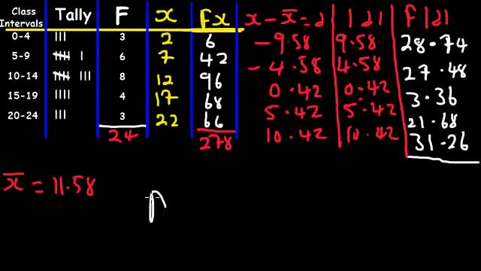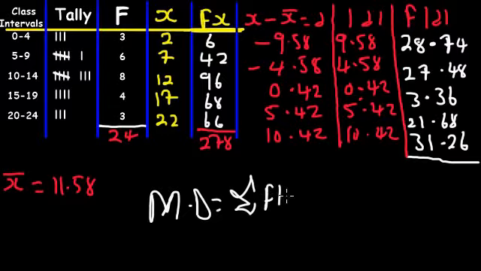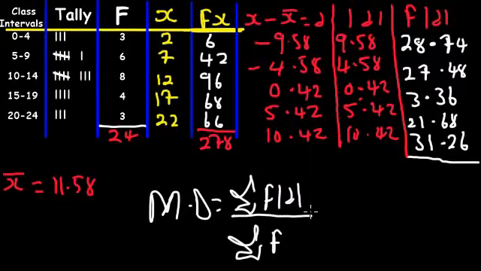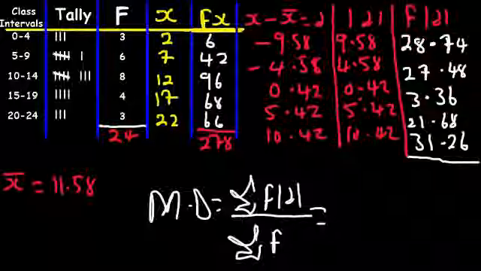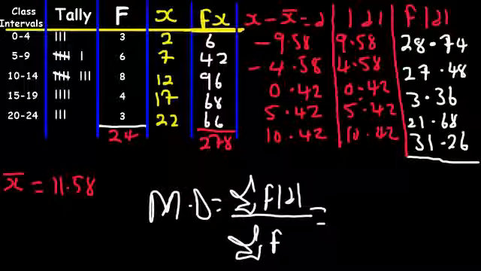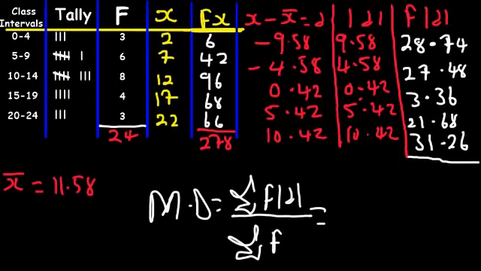Don't forget, MD is equal to the summation of f times the absolute value of the deviation divided by the summation of f. So let's add that up. Starting from the bottom, 31.26 plus 21.68 plus 3.36 plus 27.48 plus 28.74.